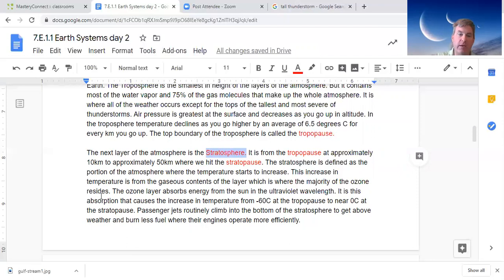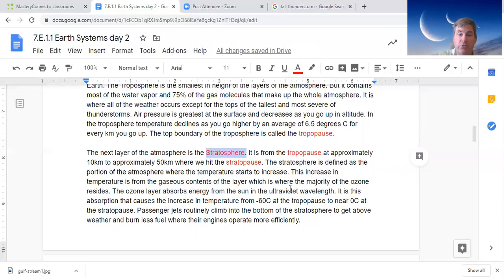The increase in temperature is mainly from gaseous contents of the layer, which is where the majority of the ozone resides. The ozone layer, you guys have heard of ozone, is a type of oxygen. It is a charged molecule, but it absorbs energy from the sun in the ultraviolet wavelength. We've heard of ultraviolet because of UVA, UVB; when you put on suntan lotion, that's what you're protecting yourself against.